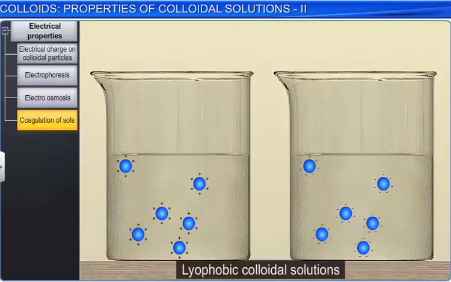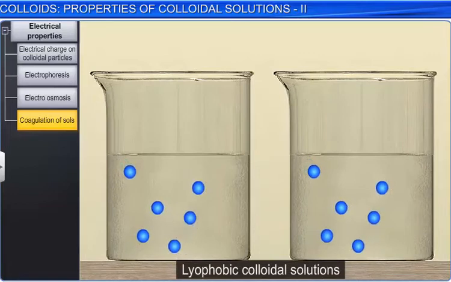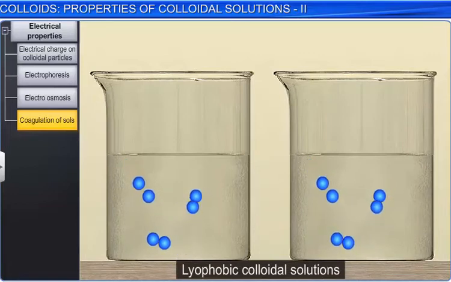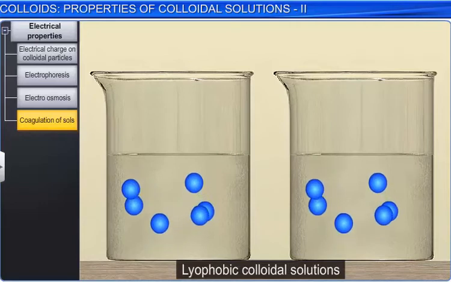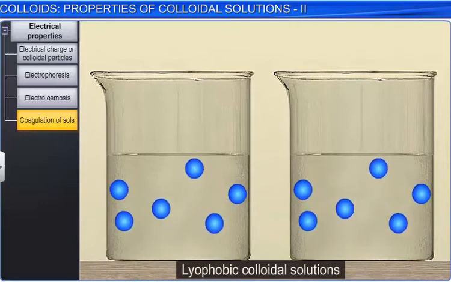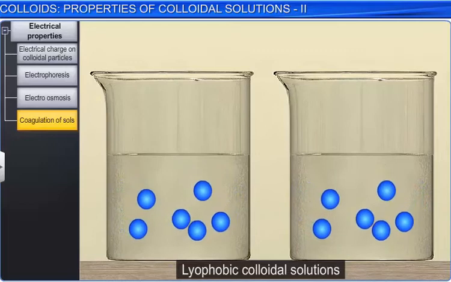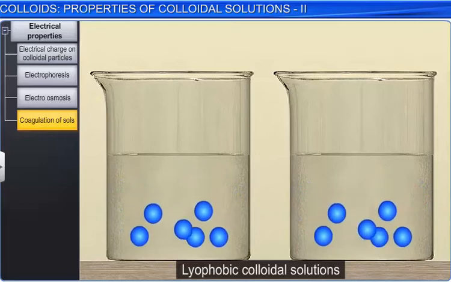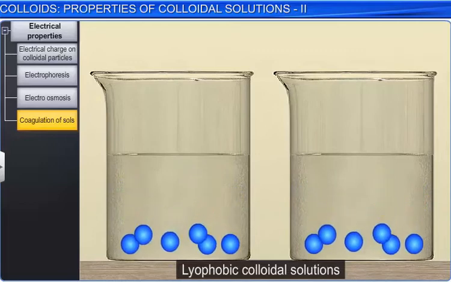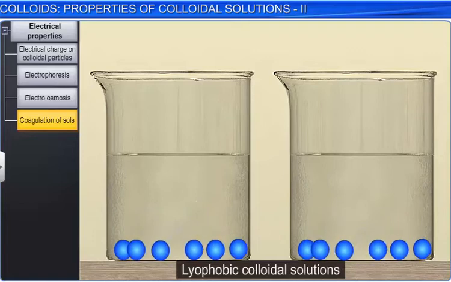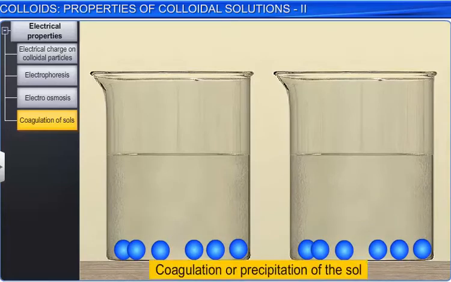However, if the charge is destroyed, they are free to come near each other to form larger particles. These larger particles aggregate or coagulate and then settle down under the force of gravity. This phenomenon is called coagulation or precipitation of the sol.